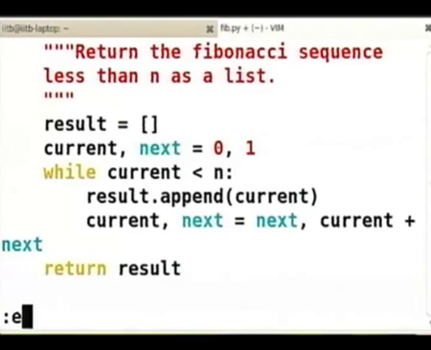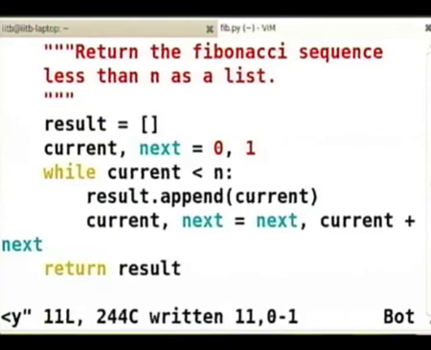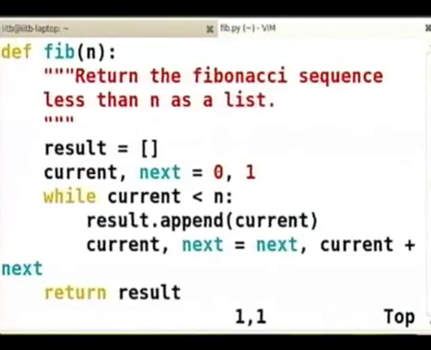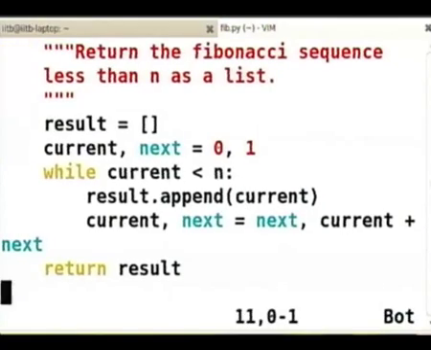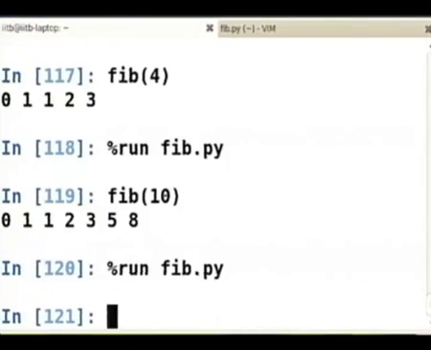Very small number of changes. All I did was add a new variable here, this is the result, append the current value, finally return result, that's all. So now let us run this and see what happens.